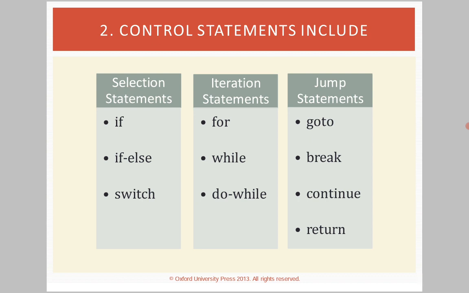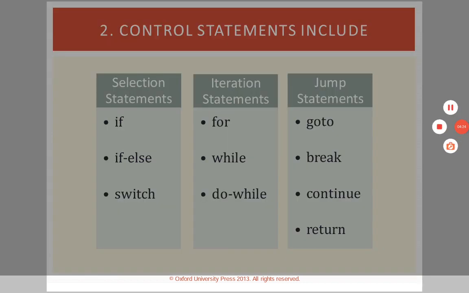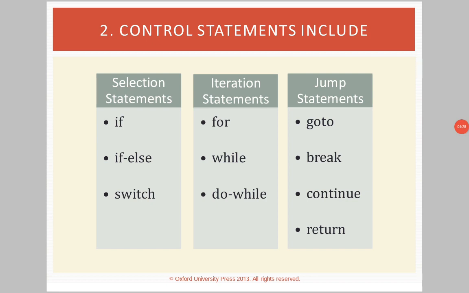Control statements are basically 2 types, conditional statements and loops or looping statements. Conditional statements are also called selection statements. There are 3 types: the if statement, the if else statement, and the switch statement.